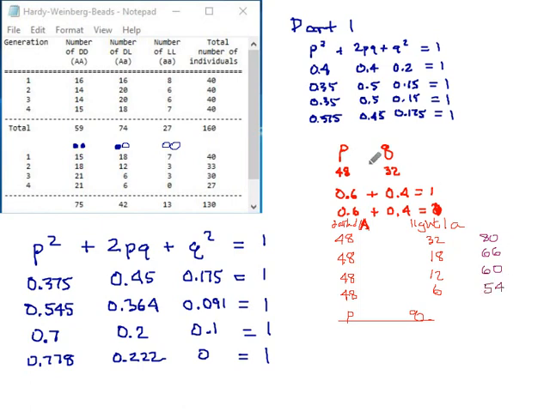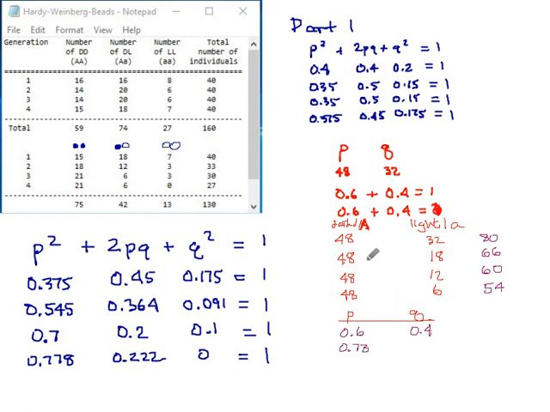So when we're doing our frequencies, we would say P is 48 out of 80. That's 0.6. Q is 32 out of 80. That's 0.4. Well, that's boring. We've seen that before, but let's see if it changes as time goes on. 48 out of 66 is 0.72, or 0.73 it rounds to, actually.